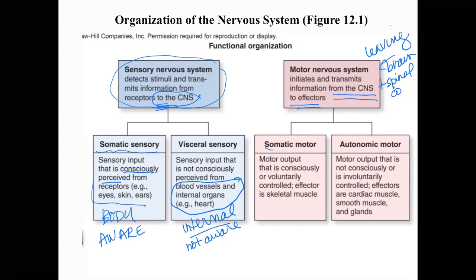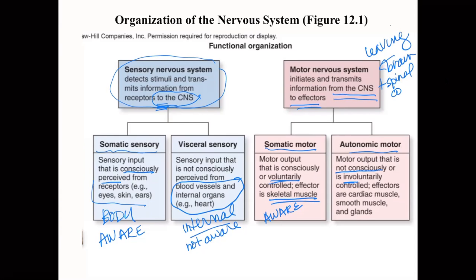Okay, so somatic then is voluntary. So you're consciously aware of it. So skeletal muscle. So remember, skeletal muscles are what's attached to your bone. The autonomic output is what you're not conscious of, so it's involuntary. So it's things that you don't have control over.